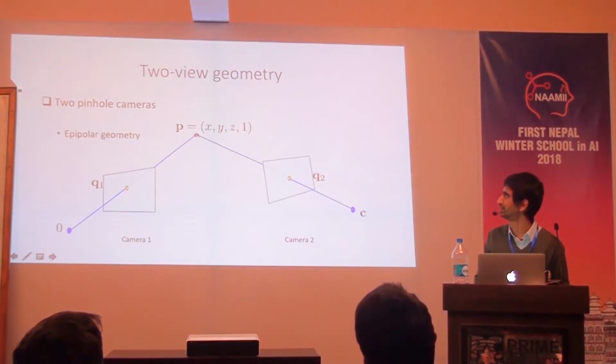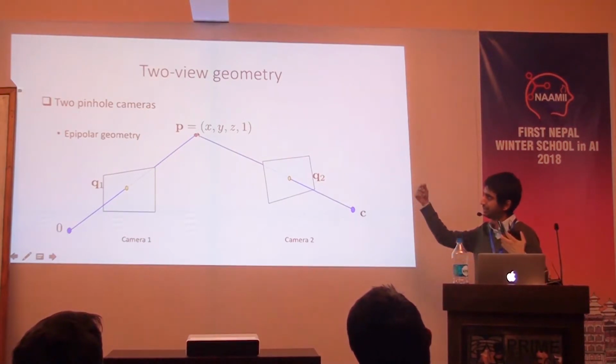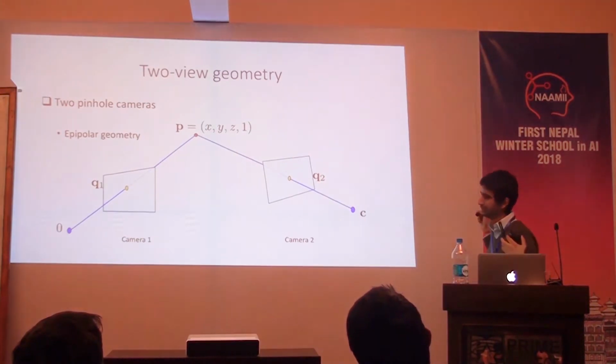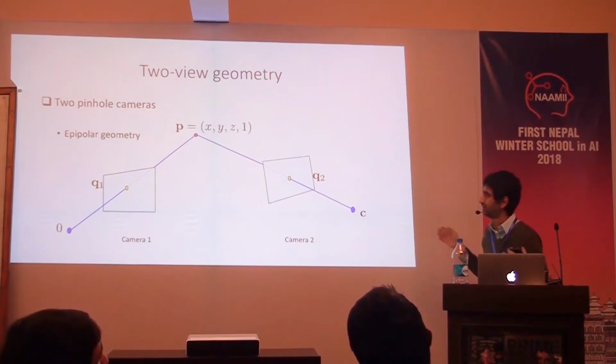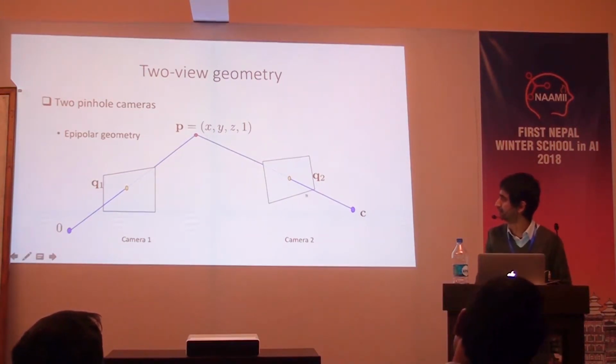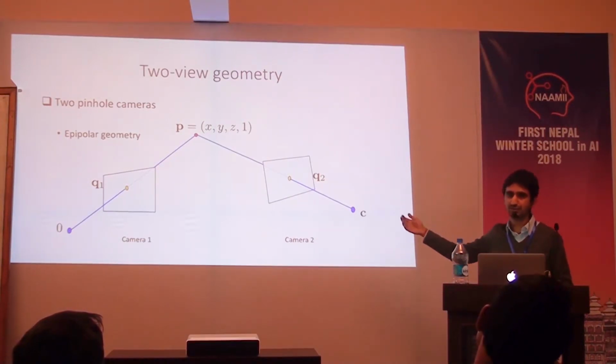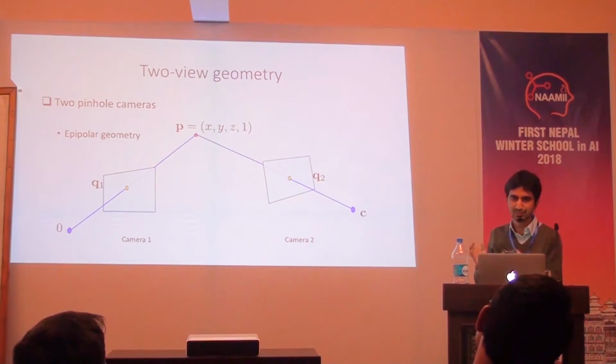So what's happening is you have a 3D point here and you have two cameras with the same model as before, and it gets projected into two image planes. And you have Q1 and Q2. So there are a bunch of things happening here. The study of this kind of geometry is called epipolar geometry, and it's a very specific kind of geometry used to study 3D vision.